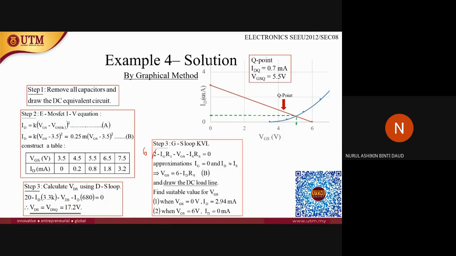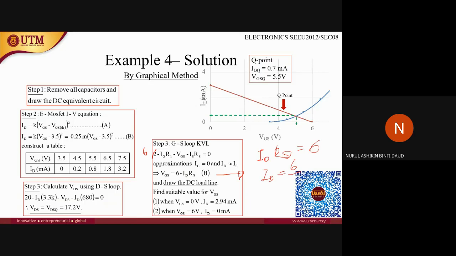Okay, so here, when VGS is equal to 0, right? So IDRS is equal to 6, right? So ID is equal to 6 divided by the value of RS.